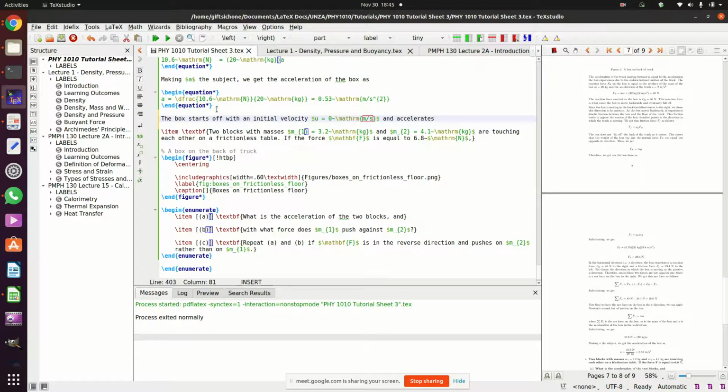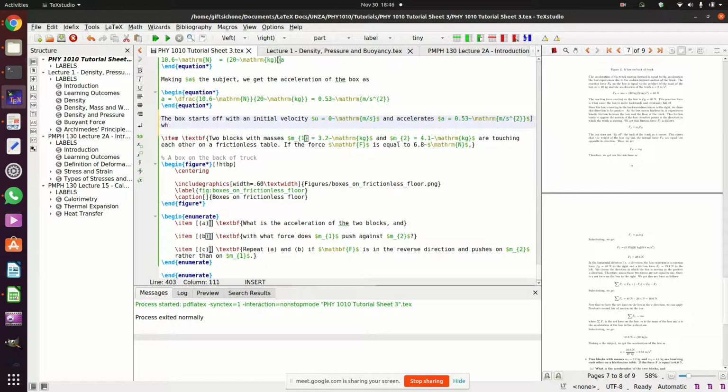The acceleration value is this one we have just found, A equals this. That's while covering a distance of 4 meters. S is equal to 4 meters.